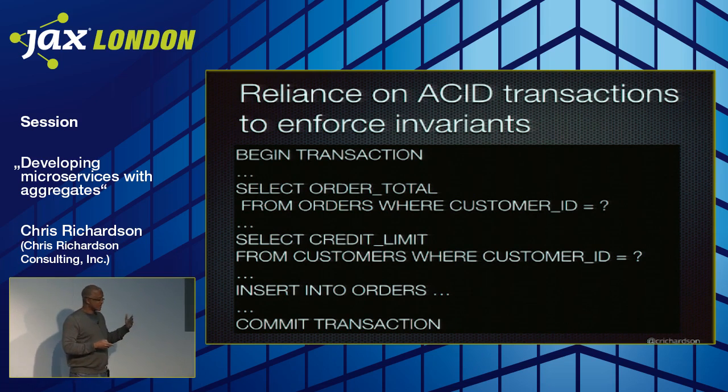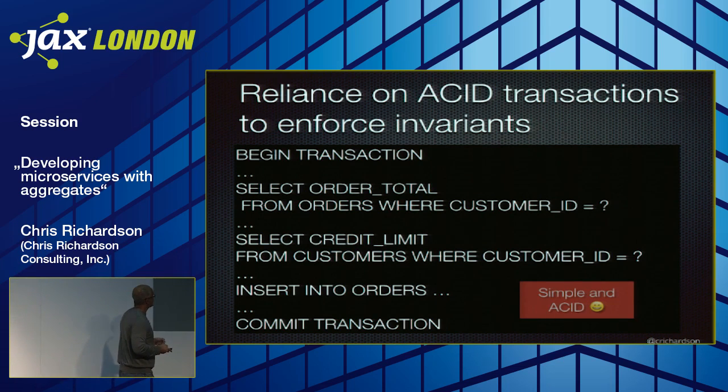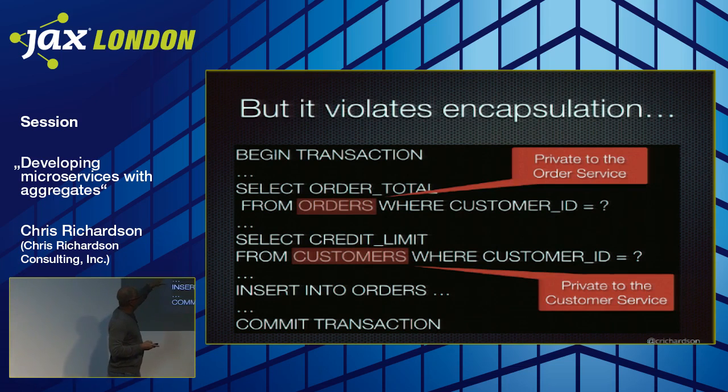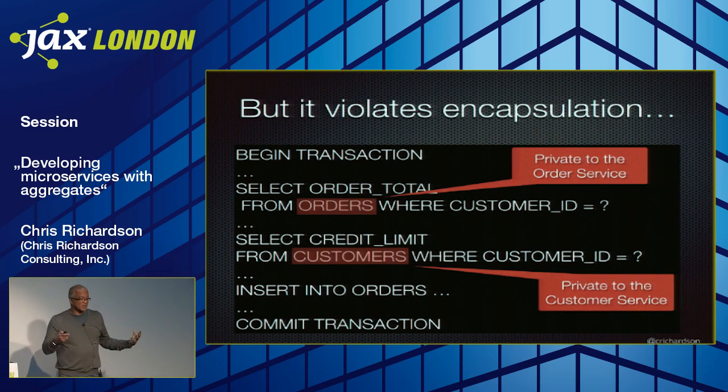But when we look at this from the perspective of a microservice architecture, orders are in one service, customers are in another. We can't write database access code that just works like that because it spans services.